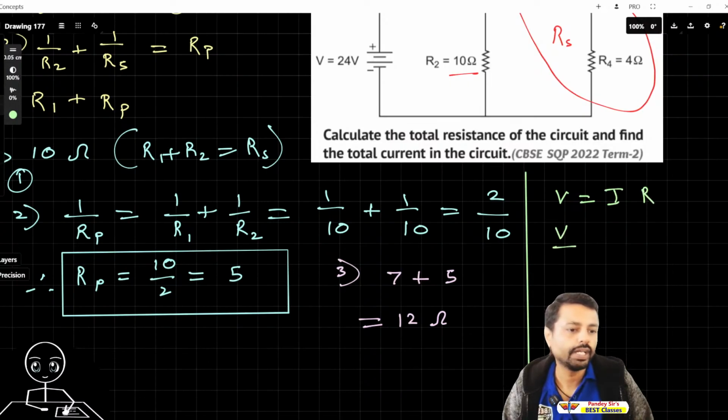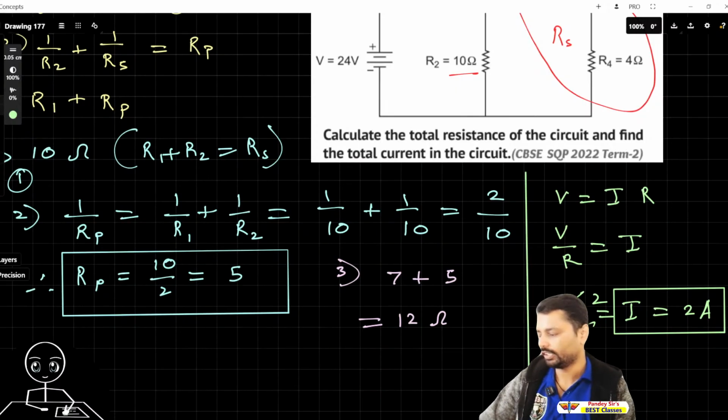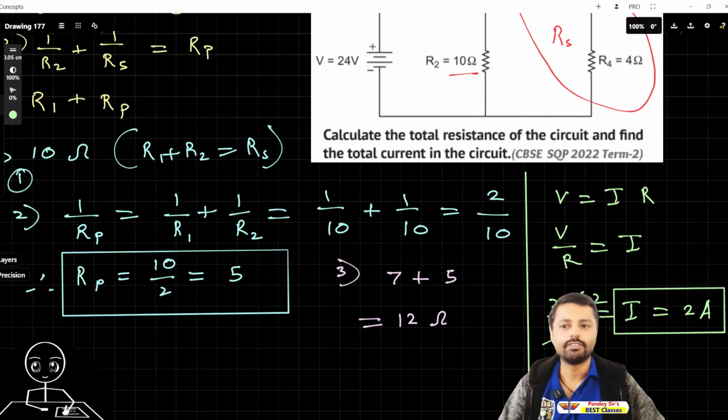So V by R equal to I. That's 24 by 12 equal to I. 12 ones are 12, 12 twos are 24. That's 2 ampere. That's the answer. We are able to find the answer. We solved it and it's correct. Yes. Now I will show the overview.